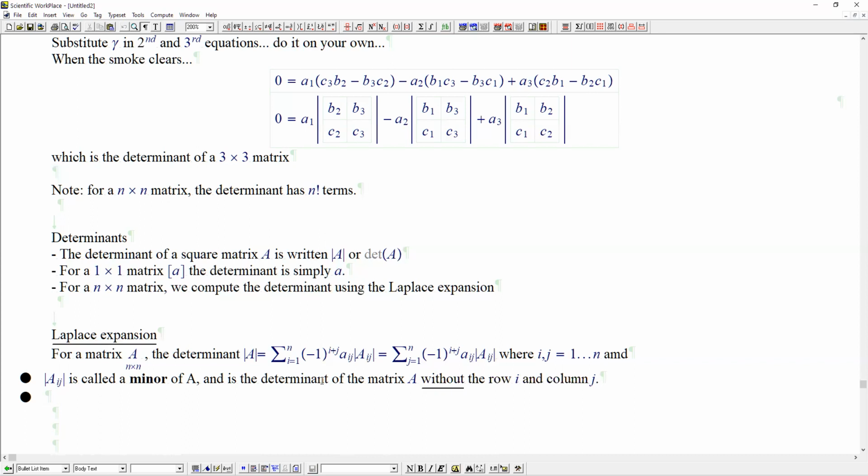And the (-1) to the i plus j is called a cofactor of A. Sorry, (-1) to the i plus j times the minor.